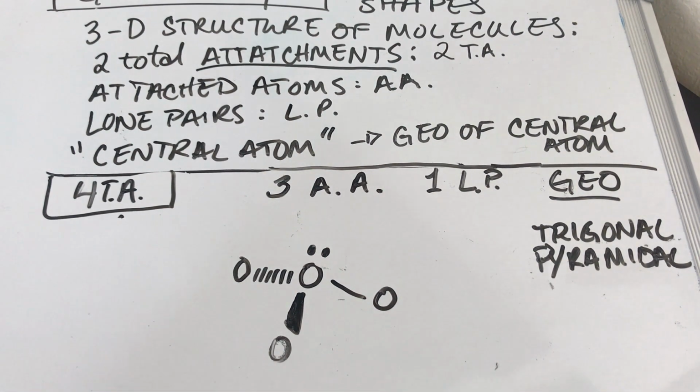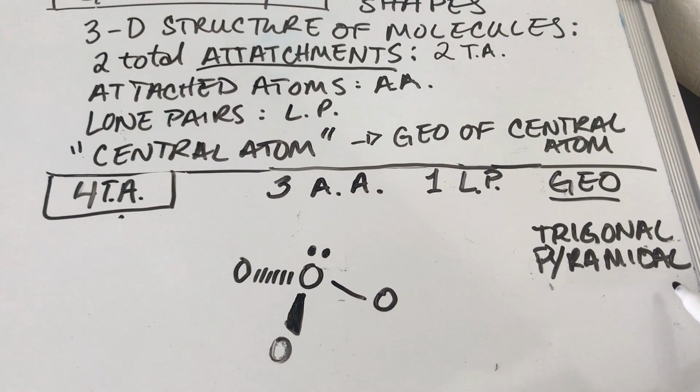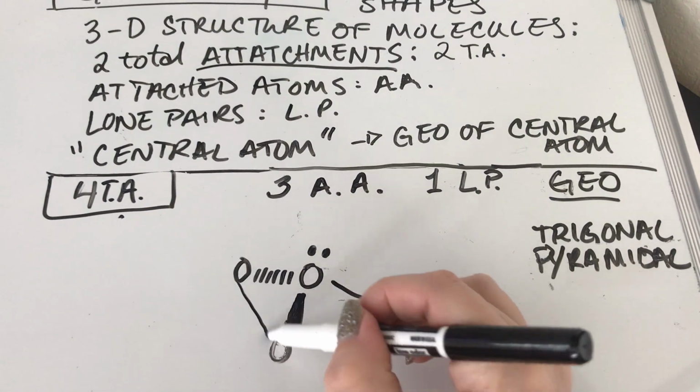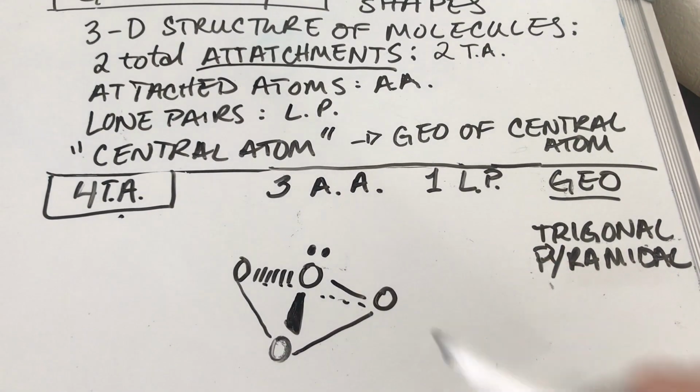Yeah. Anyways, sorry. So, why trigonal pyramidal? Because what you essentially have is a pyramid with 3 sides, right? A triangular pyramid.